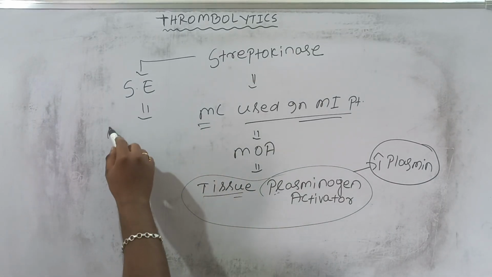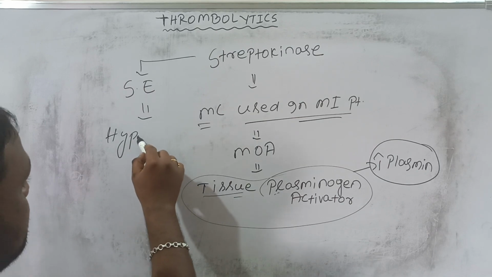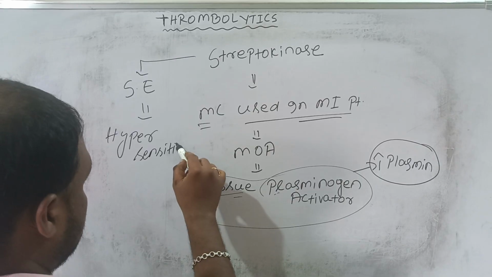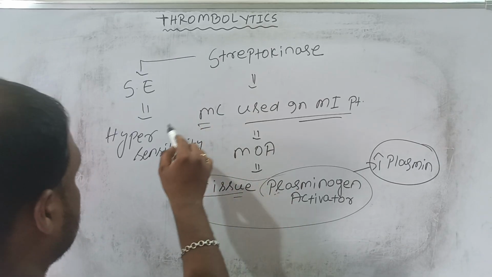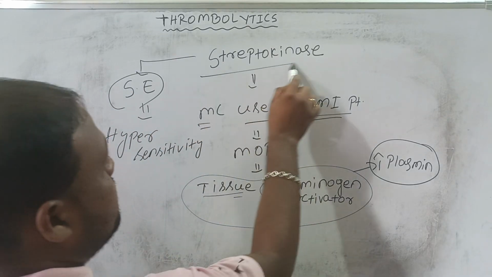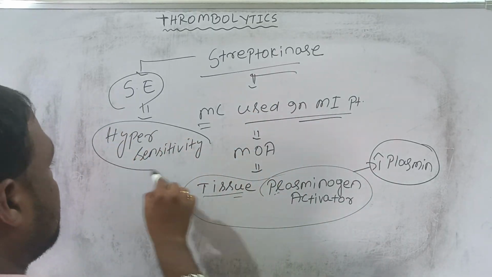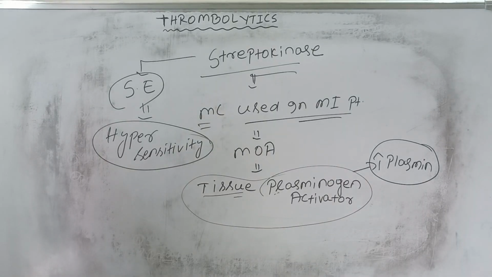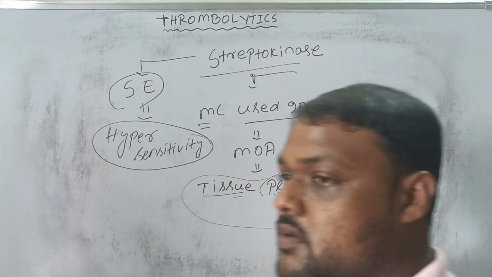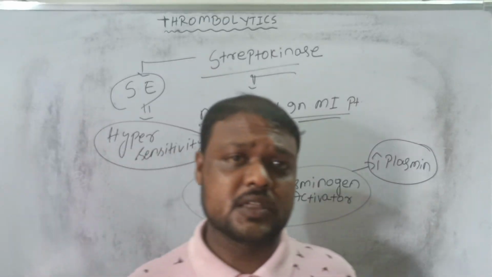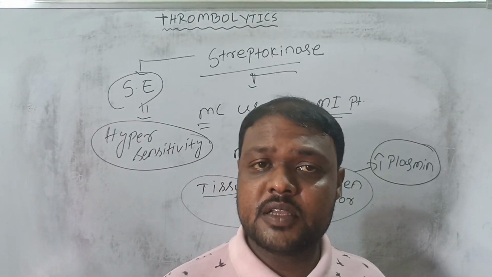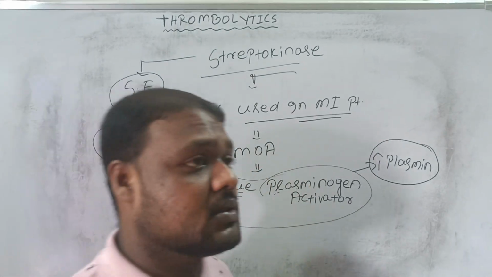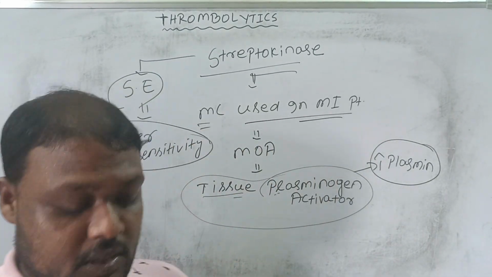Another thrombolytic agent is alteplase. Reteplase is also a thrombolytic agent.